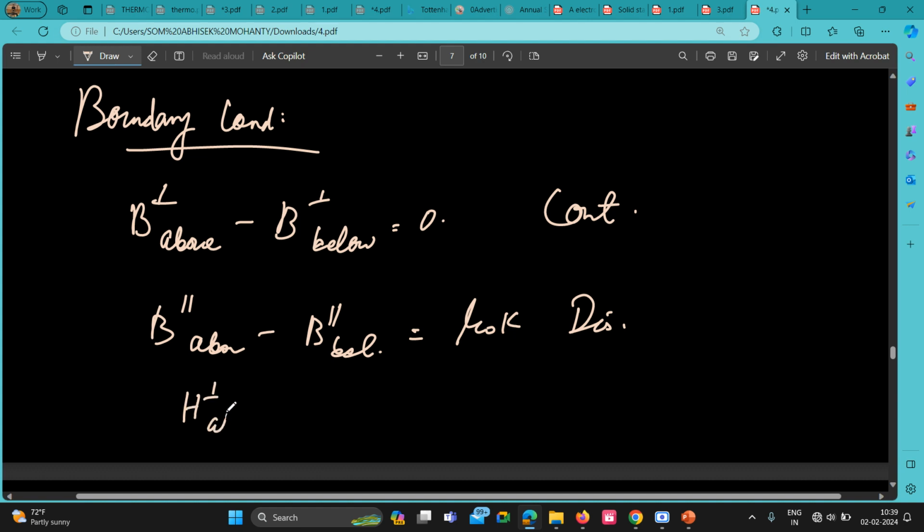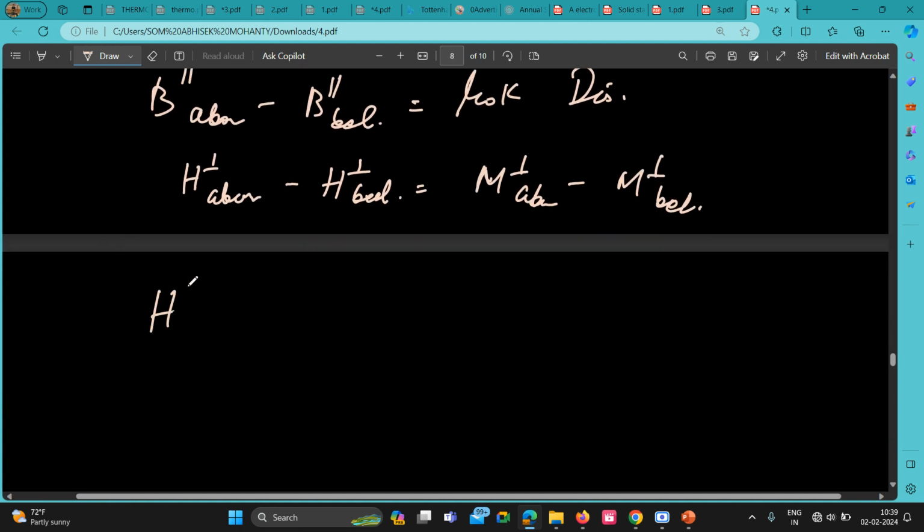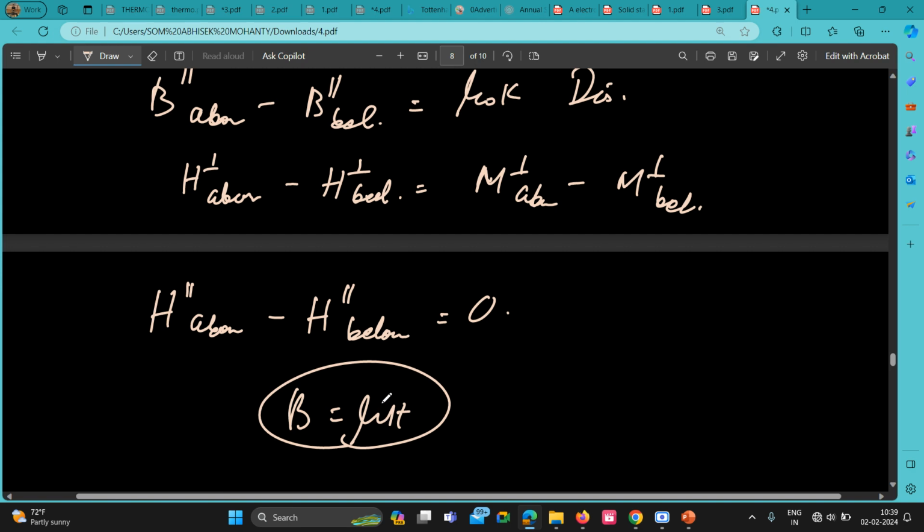H perpendicular above minus H perpendicular below is equal to minus (M perpendicular above minus M perpendicular below). Next, H parallel above minus H parallel below is equal to 0. We know B is actually mu H.